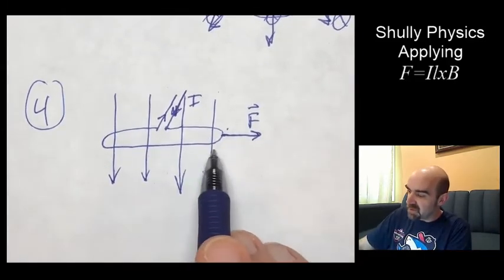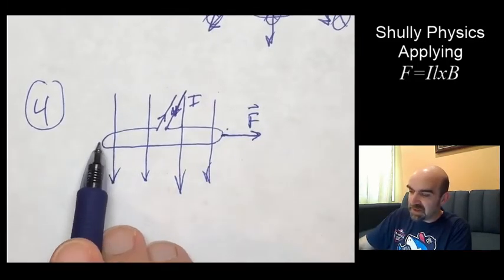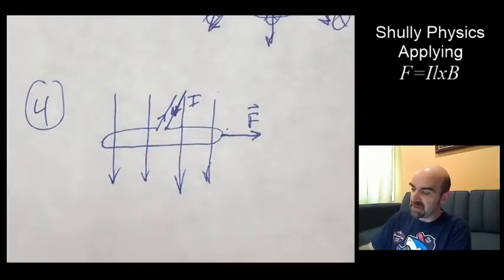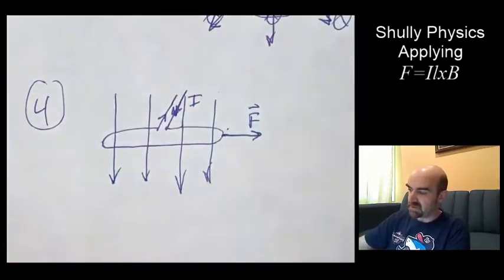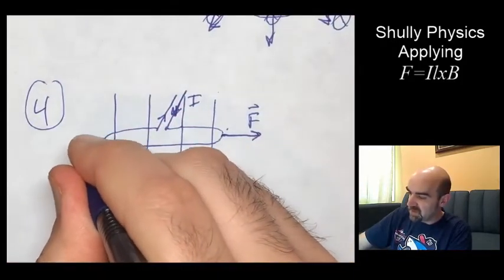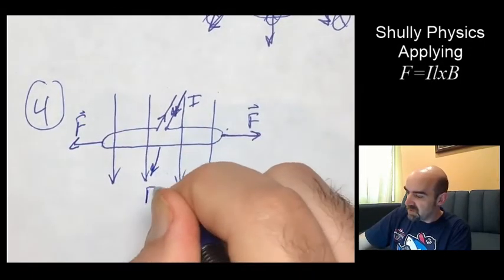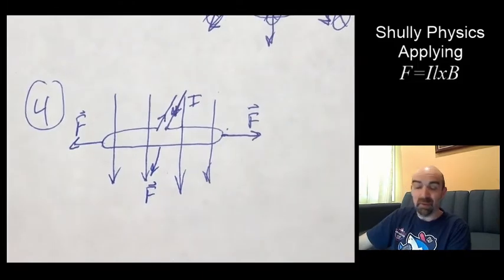As the current flows around and over here, now it's going into the page on this side. That's the direction of the velocity. If the velocity is into the page down there and the magnetic field's down, then the force is going to be out to the left. So likewise, the force is always pointing outward.